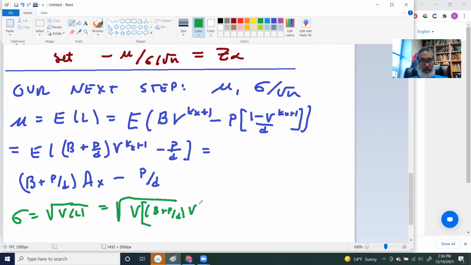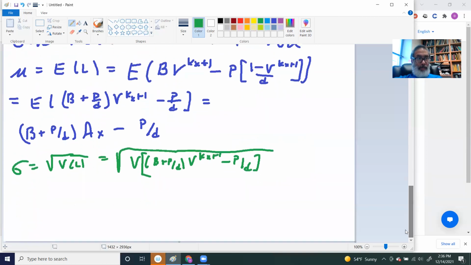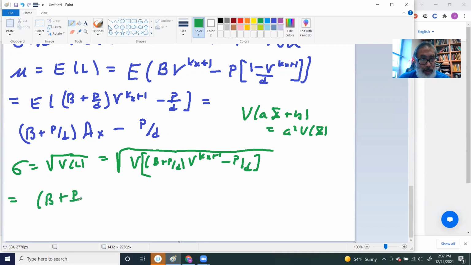But then we know that the variance of aX plus b is a squared variance of X. So this is going to be b plus premium divided by discount squared, variance of this random variable, all square rooted.